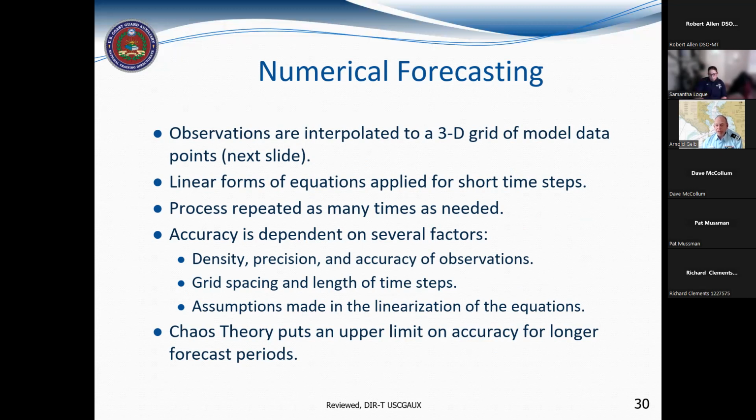Now, there's something that's called chaos theory that will put an upper limit on the accuracy for longer forecast periods. And chaos theory is rather interesting, and you may have heard it talked about in the past as the so-called butterfly effect. Basically, it posits that just small differences in initial forecast conditions can lead to different forecasts, in fact, potentially very different forecasts as time goes on.